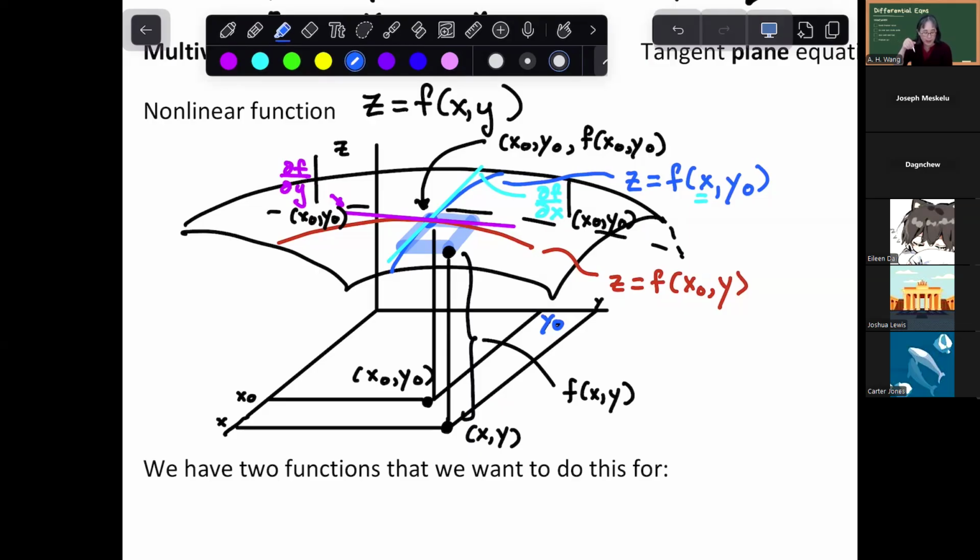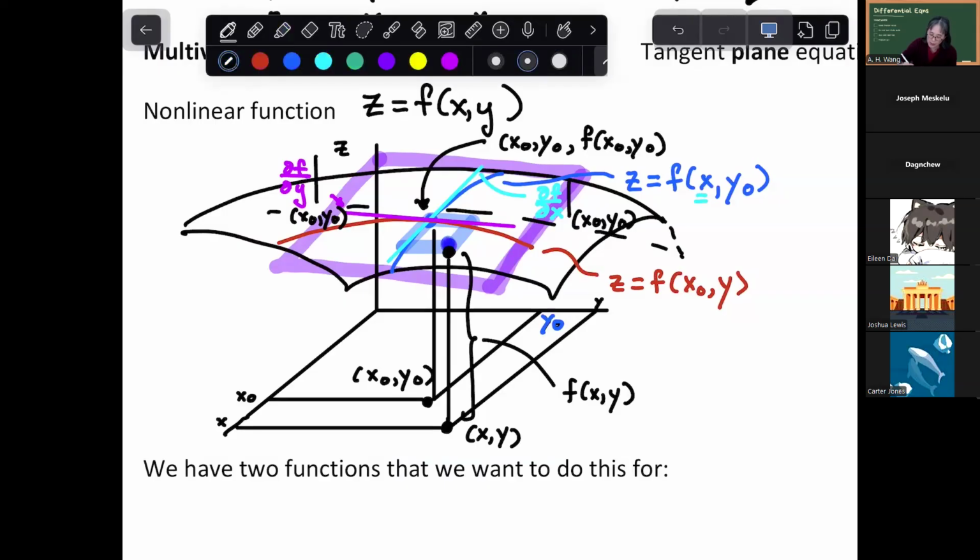And you're on a tangent plane. So the blue and the pink right there, basically, it forms a tangent plane. And what you're doing is you're traveling on that tangent plane to this point right here above the actual, and you're going to get to this. And you can see it's real close, right? It's right there.